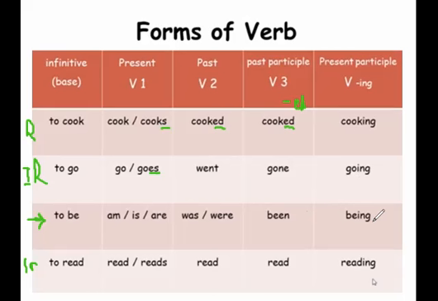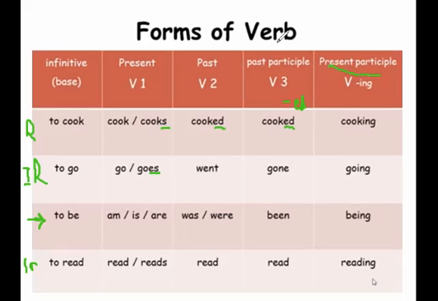So the five forms of the verb are: number one, the base form, which is also the imperative or the infinitive form. Then you have the present form, the past form, the past participle, which takes ed to change from present to past, and the verb in its ing form, which is called the present participle.